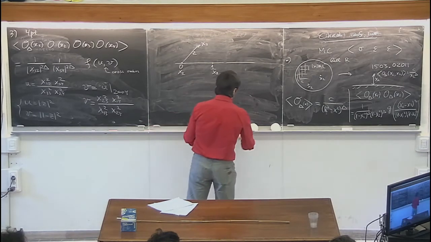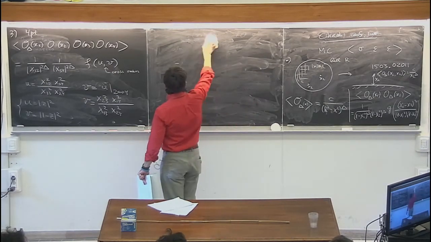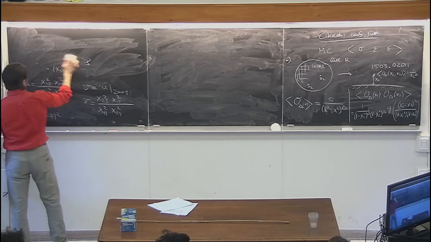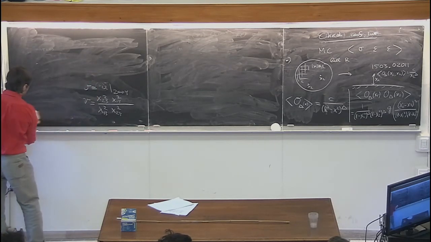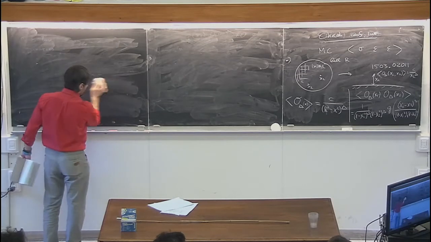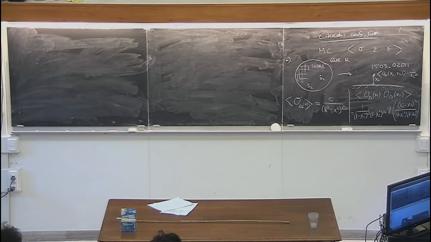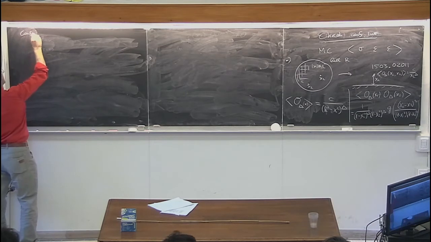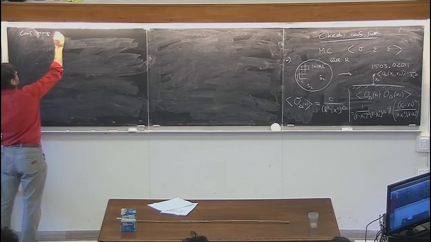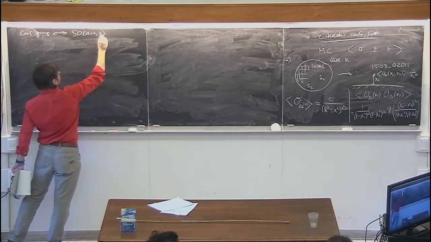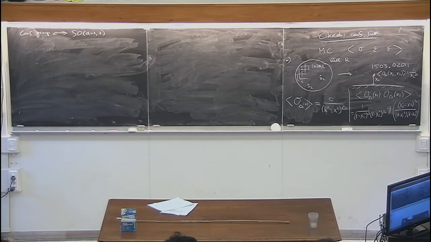So let me explain these kinematic results. Where do they come from? I already mentioned to you last time that the conformal group in d dimensions is isomorphic to the group SO(d+1,1), the Lorentz group in d+2 dimensional space.